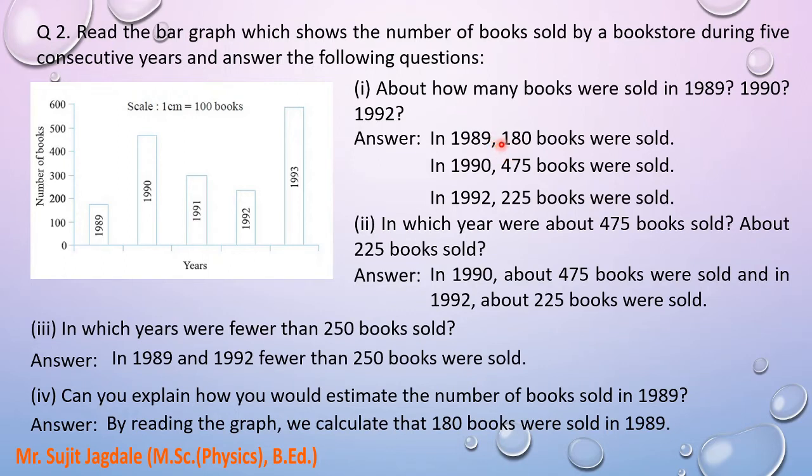How to calculate that, we know that you can draw the horizontal line exactly at the top of that bar graph, or you can keep the scale exactly at the top of the bar graph, which indicates the number mentioned here on the vertical axis.